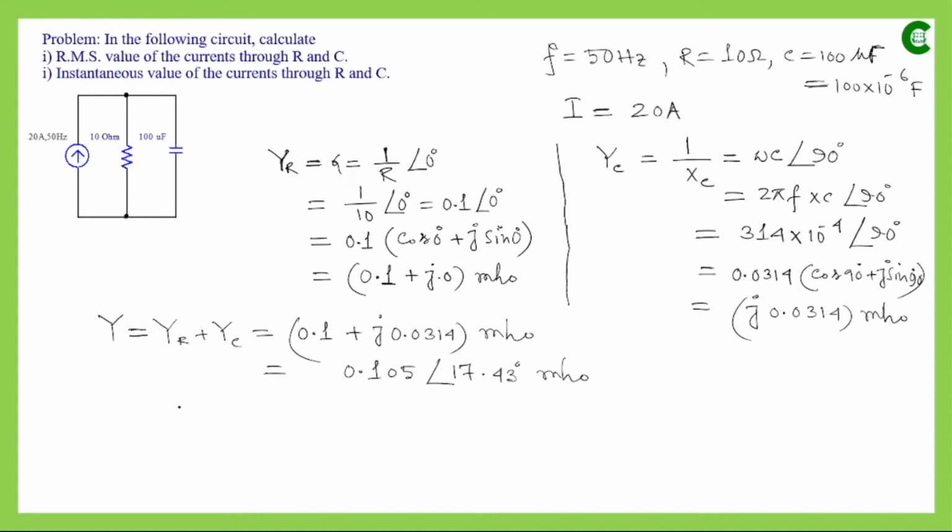Now next, based on this value of the net admittance and the current value given in the circuit, which is 20 ampere, the IRMS.